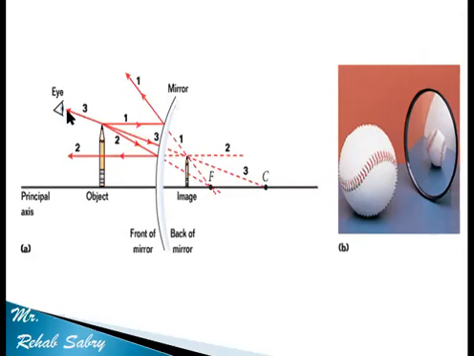Someone may say, Mister, we may sketch the third one such that it passes through the center of curvature, as I made when I drew it in front of you. So it will reflect on itself. So these 3 rays should meet each other in one point.